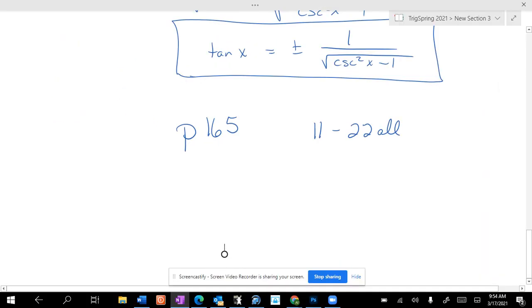Okay, so then for 12, we had secant squared of a minus 1.